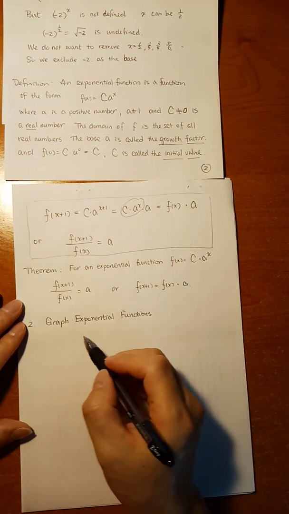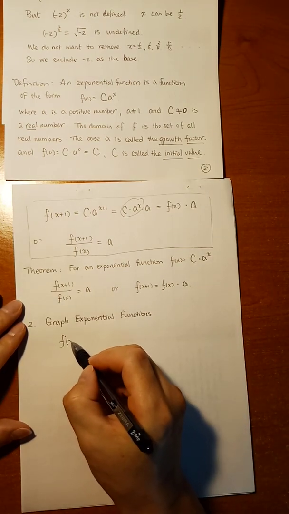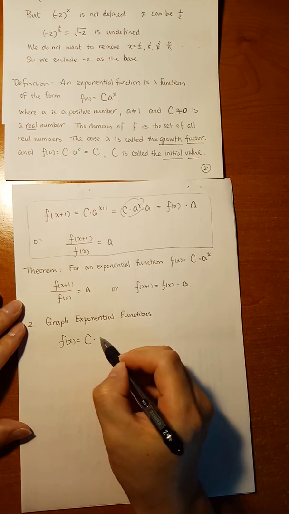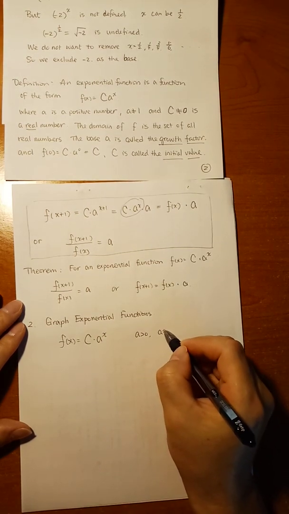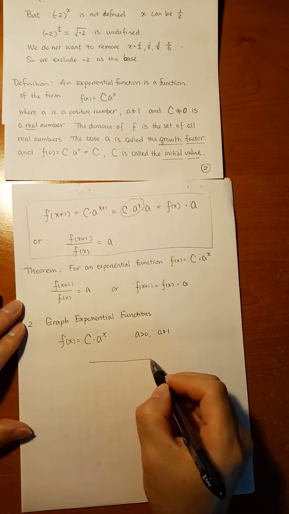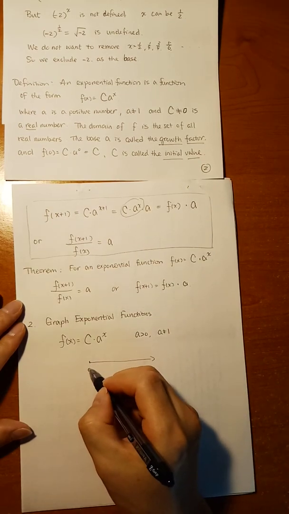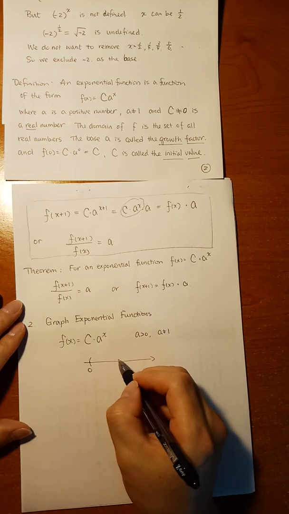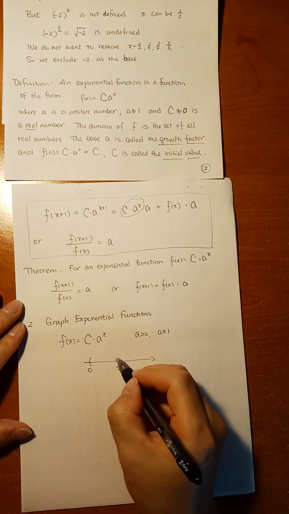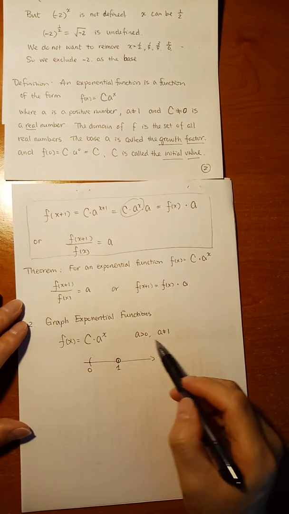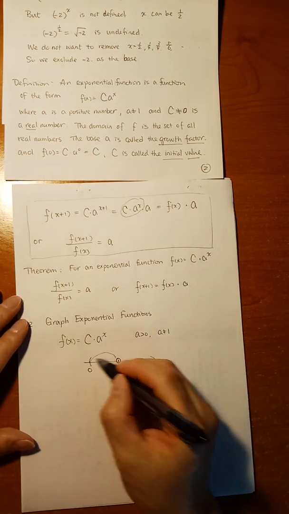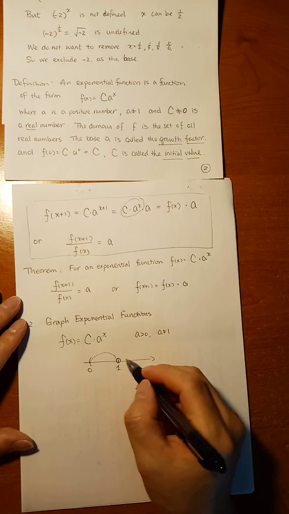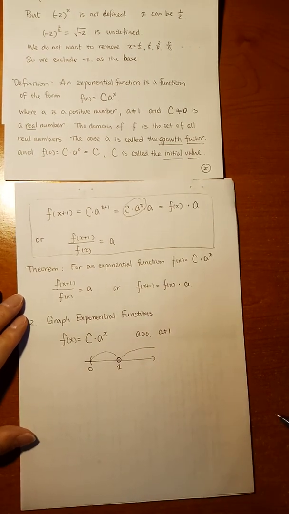But check our definition. This is the exponential function. We have a positive, a not equal to 1. A is positive, so we only discuss this part. A is not equal to 1, this part is not included. So this condition naturally gives us two choices. One choice, a is between 0 and 1. The other choice, a is greater than 1.